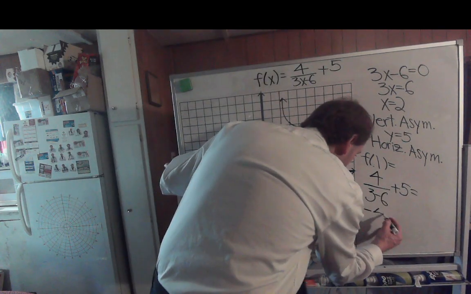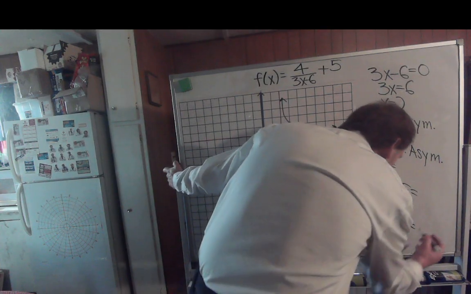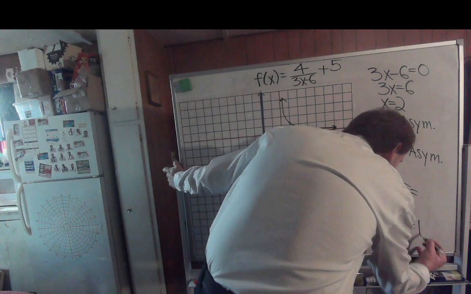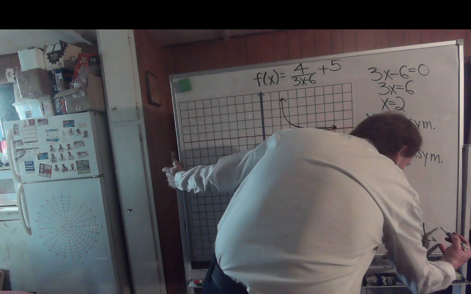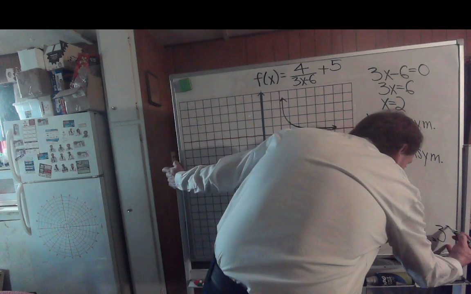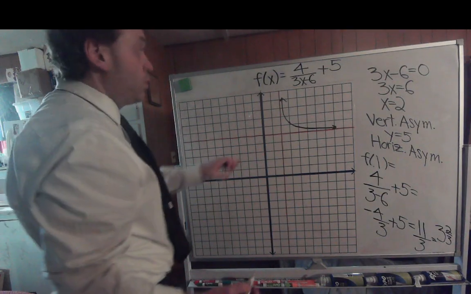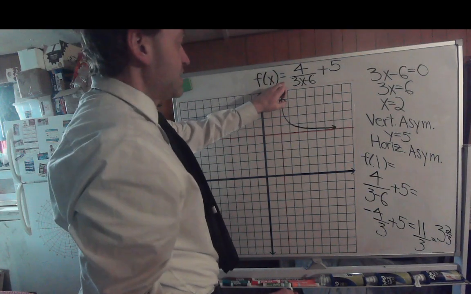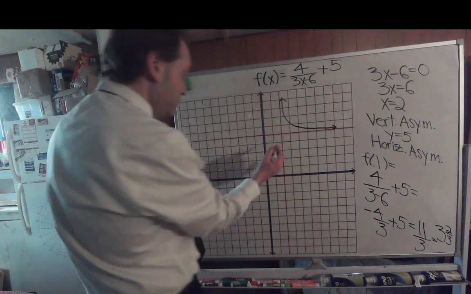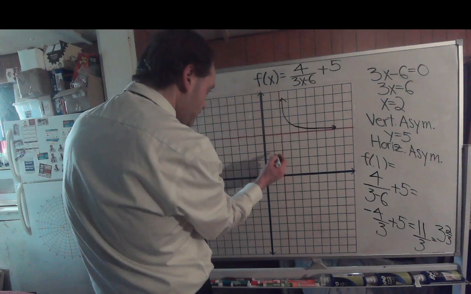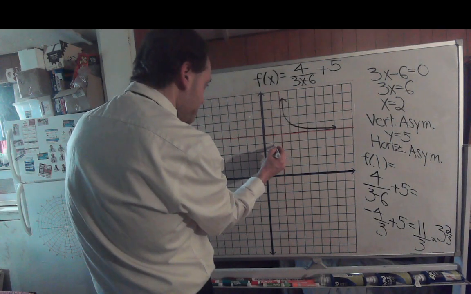That equals negative 4/3 plus 5, which would have to equal 11/3, which we know is 3 2/3. So when x is 1, you get 3 2/3 for your y value.